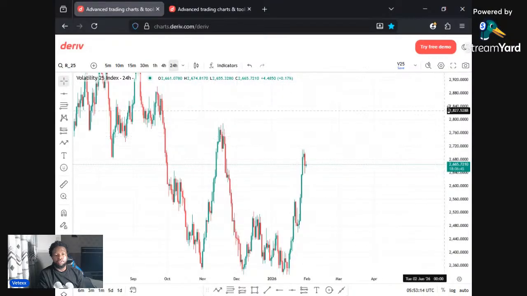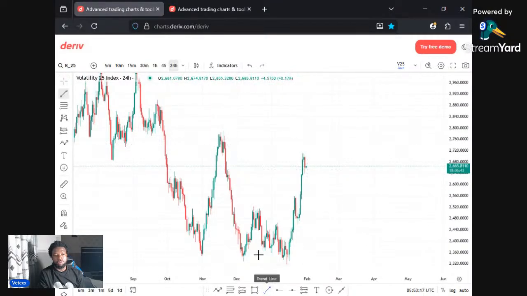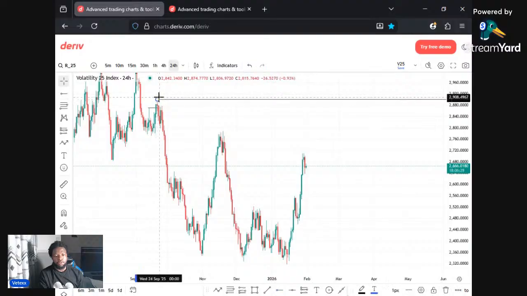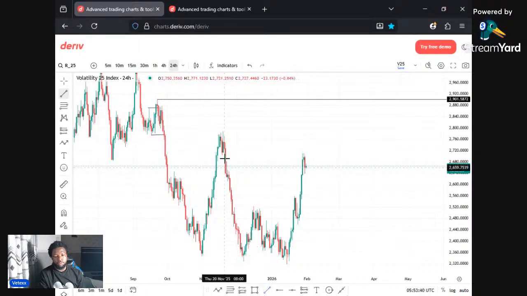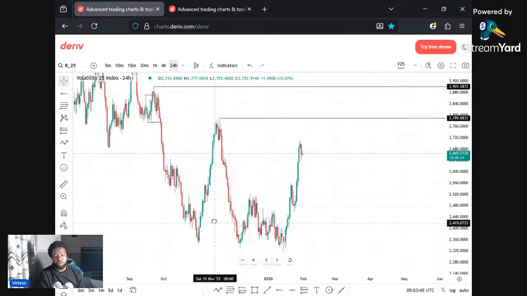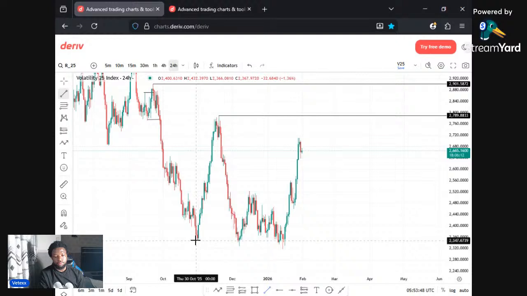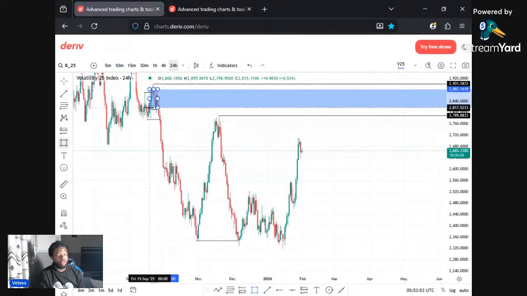This is the only thing we have on the 24-hour time frame: we have a sweep here, we have a protected high which is here, and then we have first break of structure, we have our structural liquidity, then we have second break of structure, which is this, and this zone becomes our point of interest.